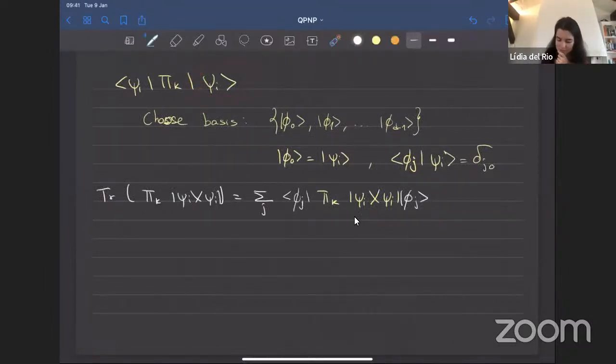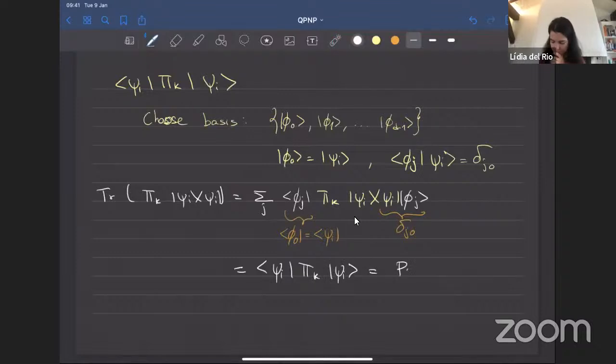This is nice because now this is an inner product with phi 0, and for the only surviving term, this is going to be my state of interest. So this whole thing is just psi i, Pi k, psi i, and that's the probability of getting k. Okay. Why did I do all this?